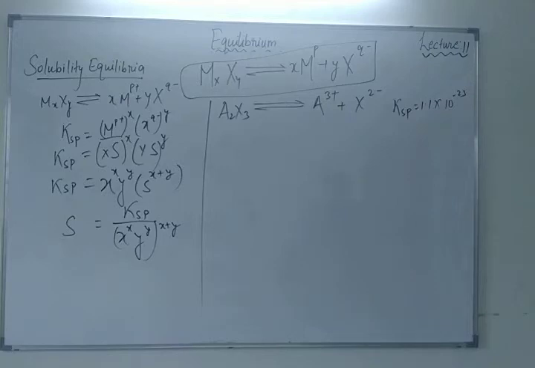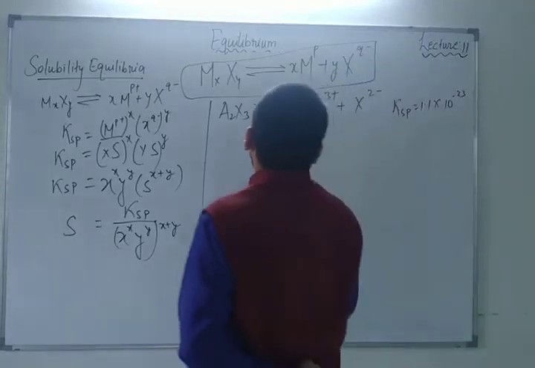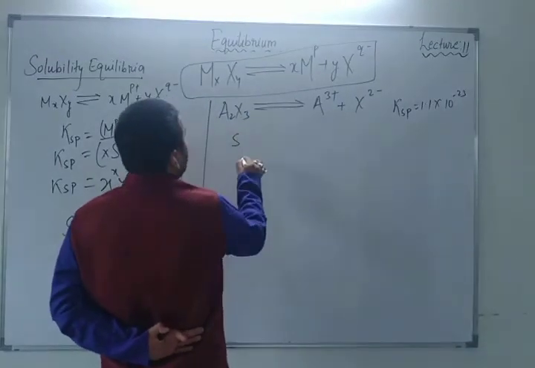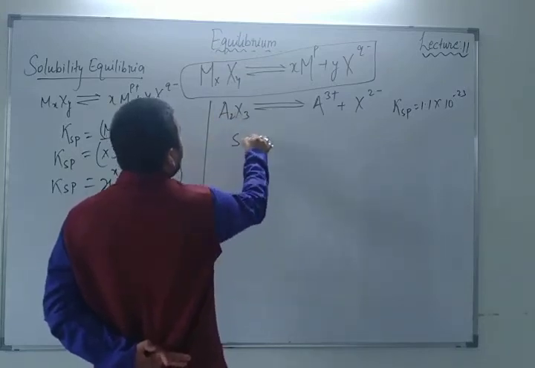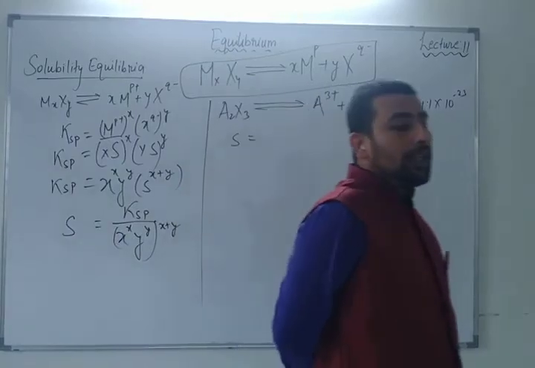S means solubility of A2X3, right? So if I calculate the solubility S of A, what will be the value of this A3 plus?